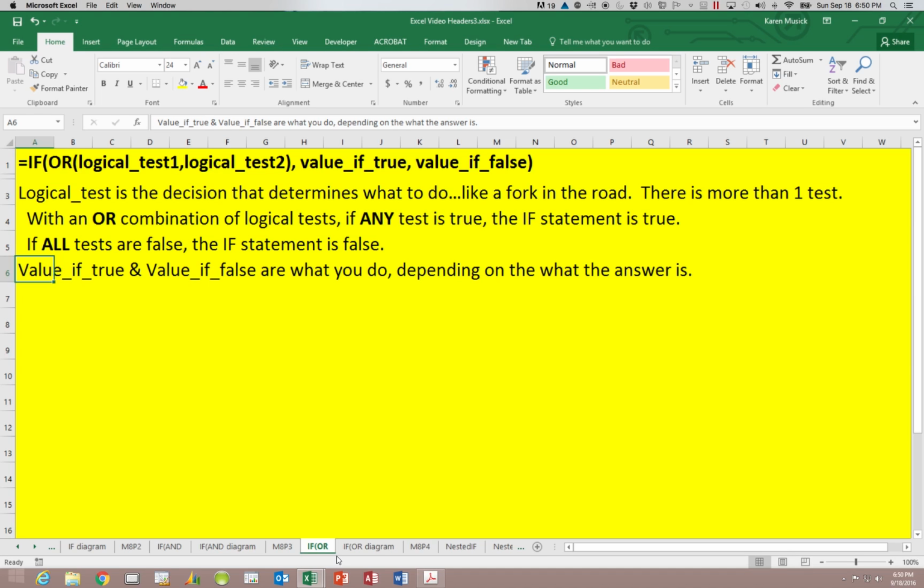With an or combination, if any test is true, then the entire statement is true. If all of the tests are false, then the statement is false. So you only need one test to be true in this case.